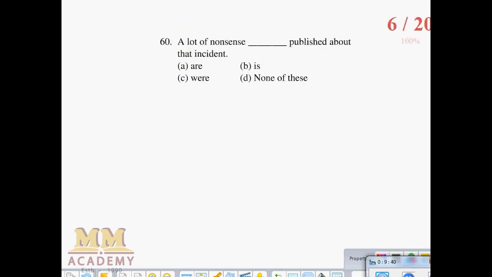A lot of nonsense. Now again, after "a lot of," if you get a plural noun, you will need a plural verb. If you get a singular noun, you will get a singular verb.